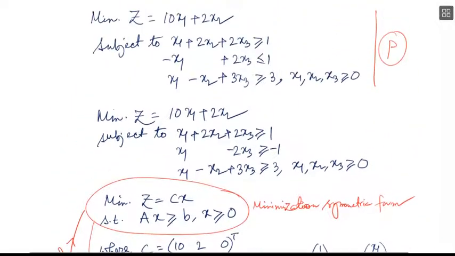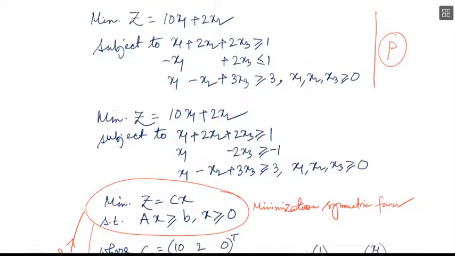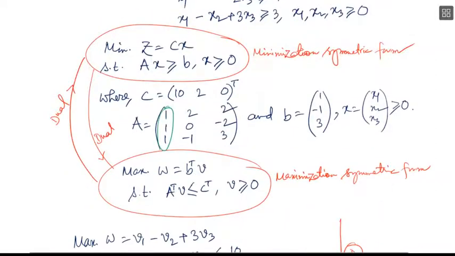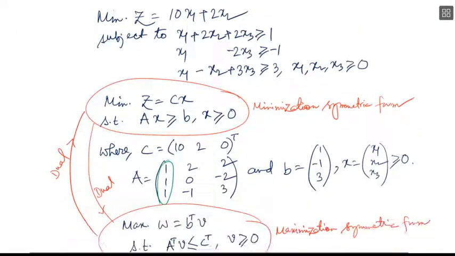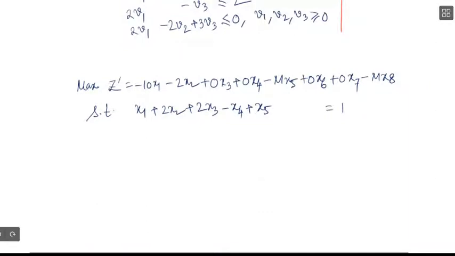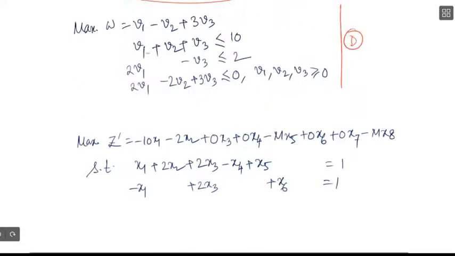The next is minus x1 plus 2x3 plus slack variable x6, that is equal to 1 also.